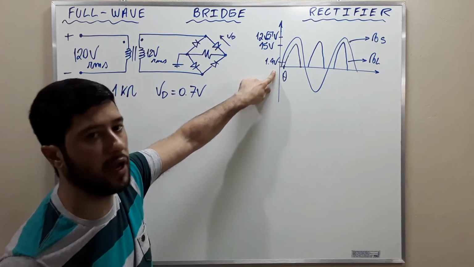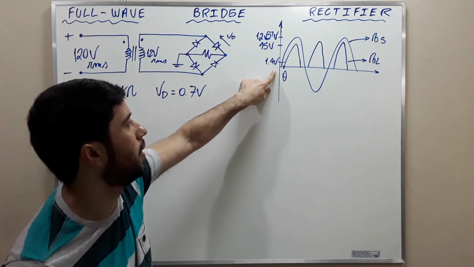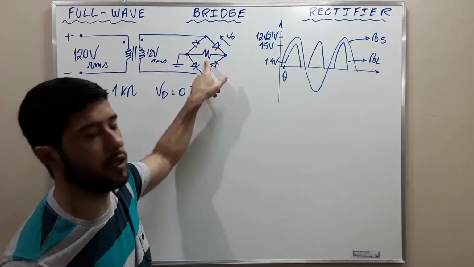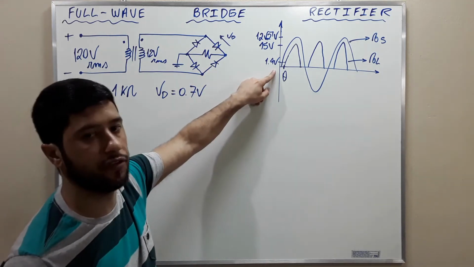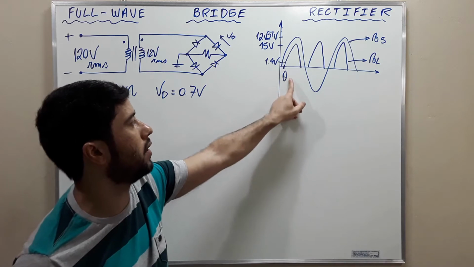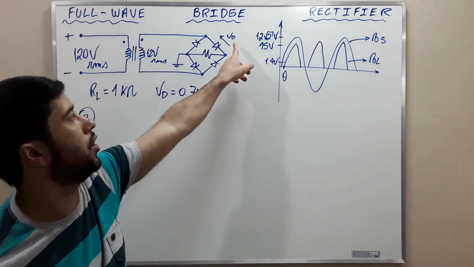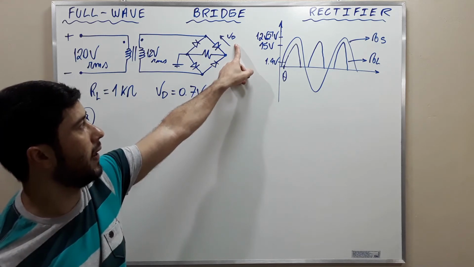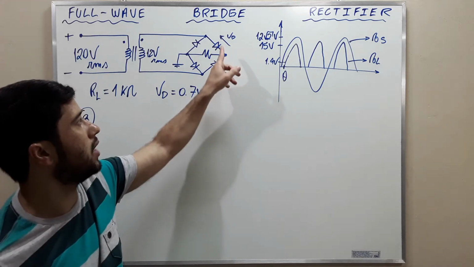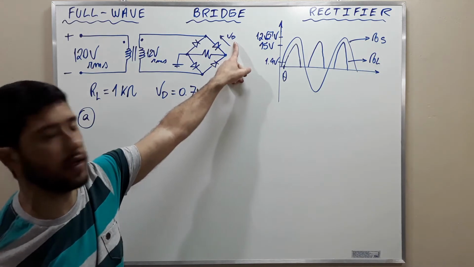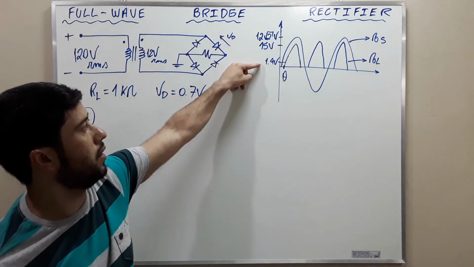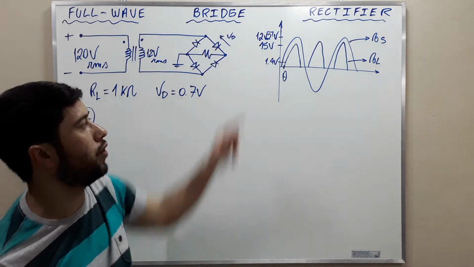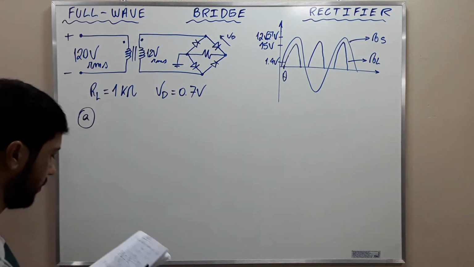The sinusoid begins at 0 here. But the rectified voltage that goes to the load is not going to begin at 0. It's going to begin at theta because of this reverse voltage here. And since there are two diodes along the path of current, it matches the voltage of 1.4 volts. So we are going to calculate this.